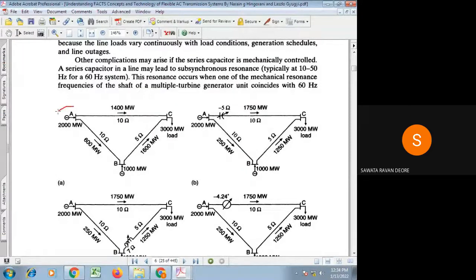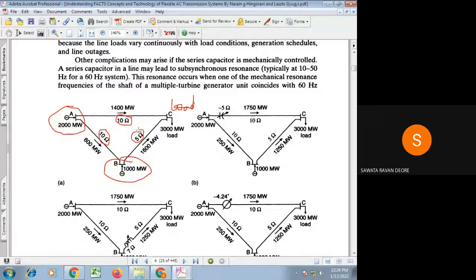Out of that, bus A is acting as a generator bus, bus B is acting as a generator bus, and bus C is acting as a load bus. The transmission line interconnecting bus A to C has a reactance of 10 ohm. The transmission line connecting bus A to B has a reactance of 10 ohm. Bus B to C has a reactance of 5 ohm.